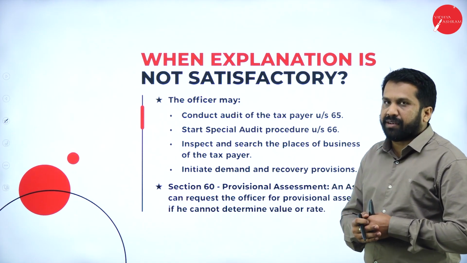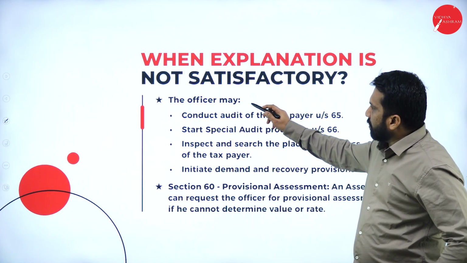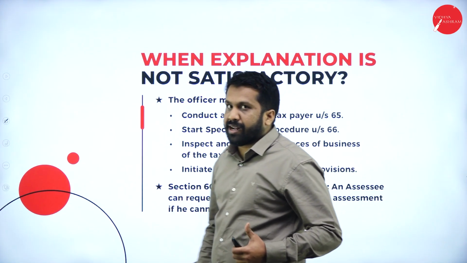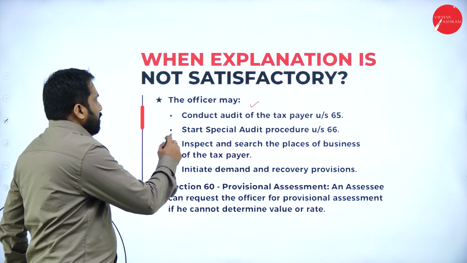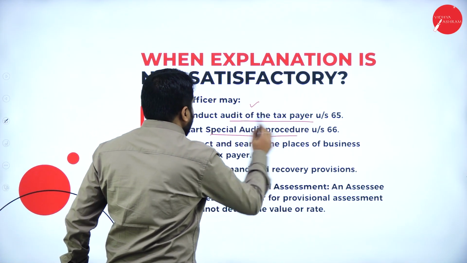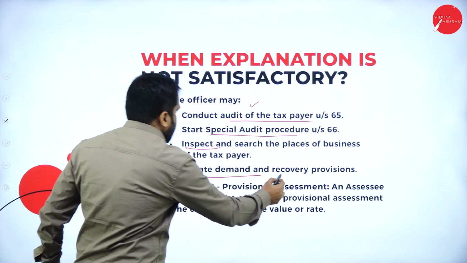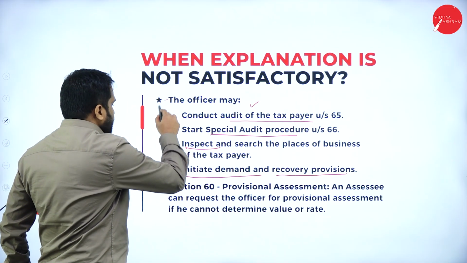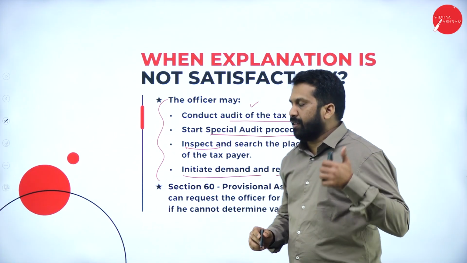That is self-assessment. Now, when your self-assessment is not satisfactory, the cases are: conduct audit of the taxpayer, start special audit procedure, inspect, initiate demand and recovery provisions. These things can be done when your self-assessment doesn't go well.